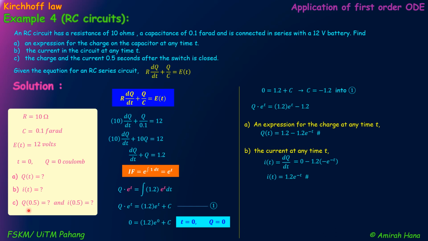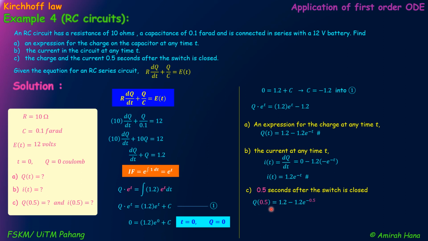For part C, we want to find Q(0.5) and I(0.5). Q(0.5) means the charge 0.5 seconds after the switch is closed, and I(0.5) means the current 0.5 seconds after the switch is closed.